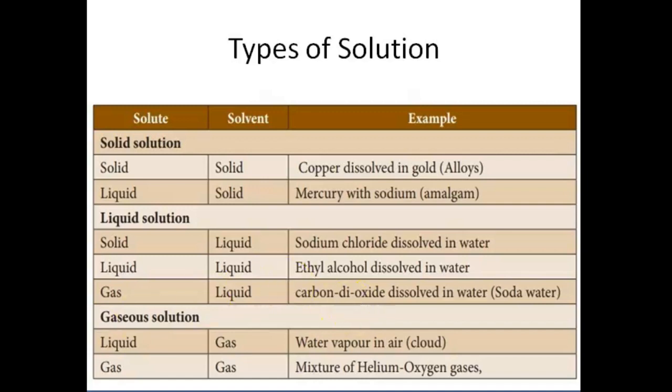In a similar way, gaseous solution means the solvent should be a gas. So liquid and gas combination can be there, gas and gas combination can be there. So we have different categorization of solution based on the solute and solvent combinations.